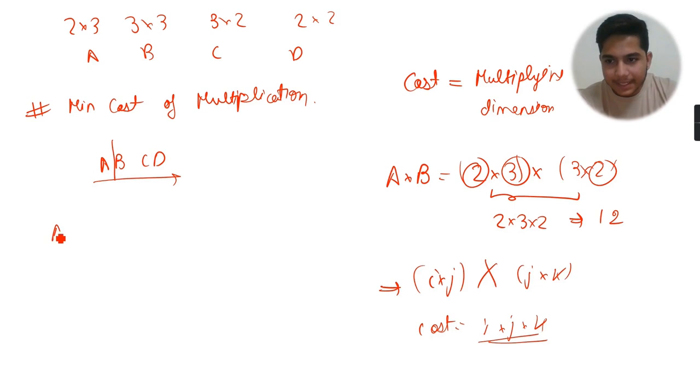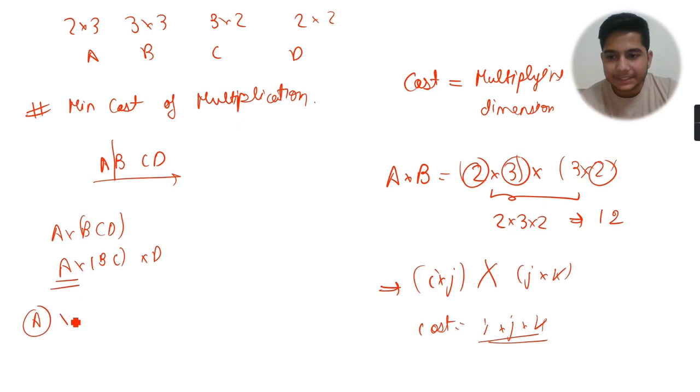what it will be like if I multiplied A into BCD, right? A into BCD, and further it will be like A into BC into D. So first, A is still there.